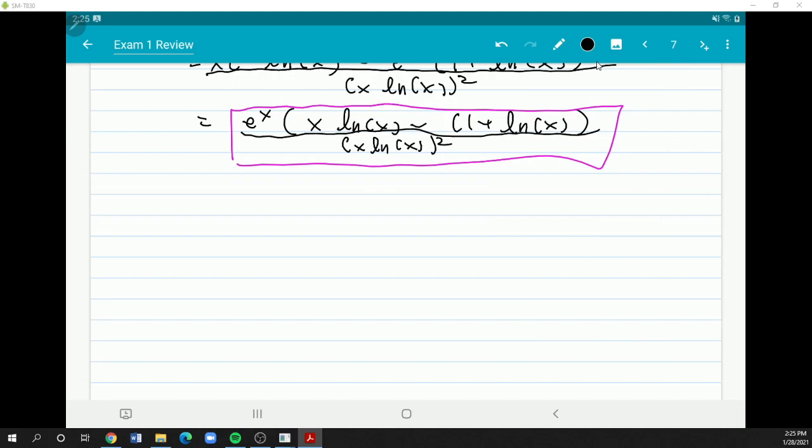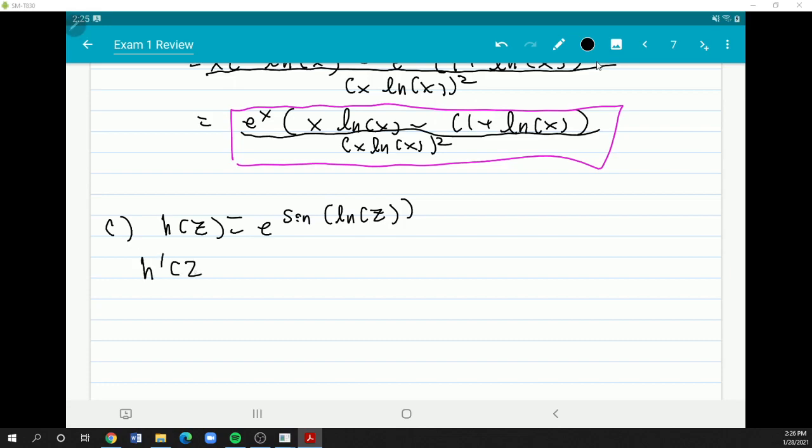Next is h of z. H of z is equal to e to the sine of log of z. So we want to take a derivative. And again, this looks like it's got some chain rule to it.